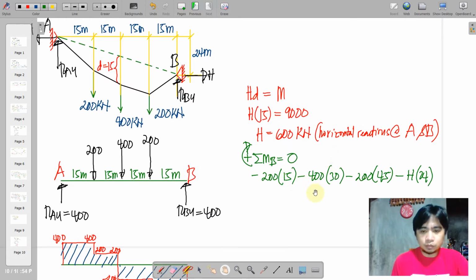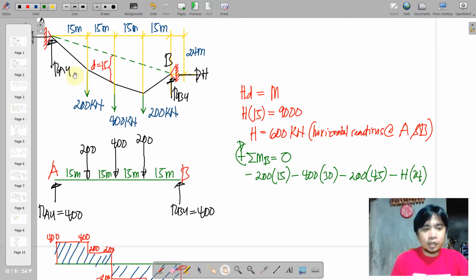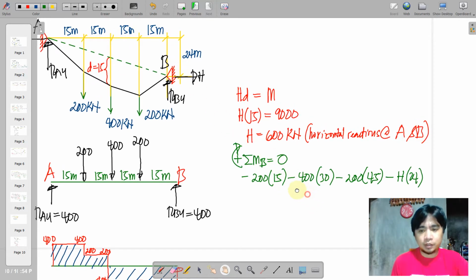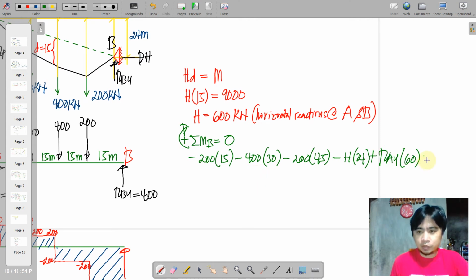Okay, and then finally RAY would have a clockwise rotation times 60. Okay, so we have that one equal to 0. So RAY is 640 kilonewton.